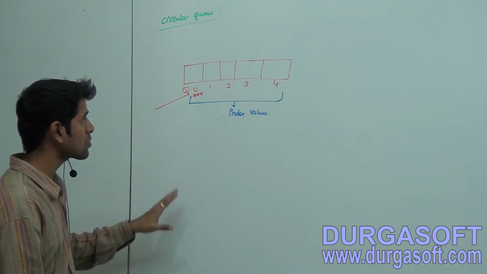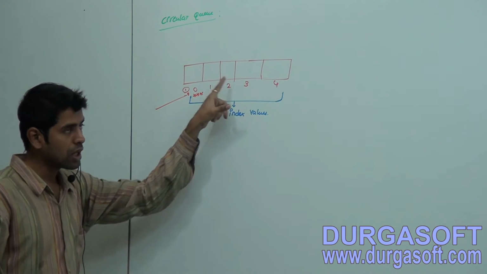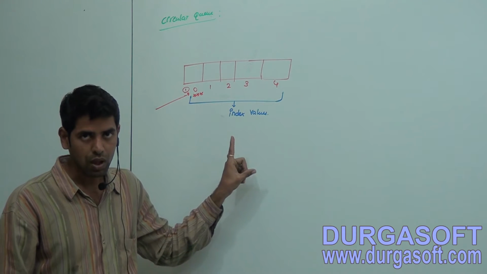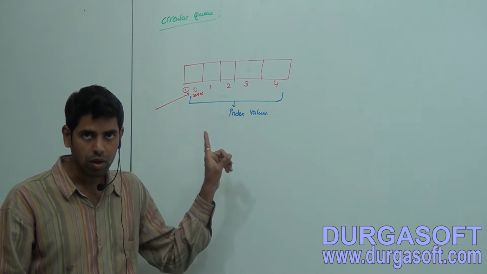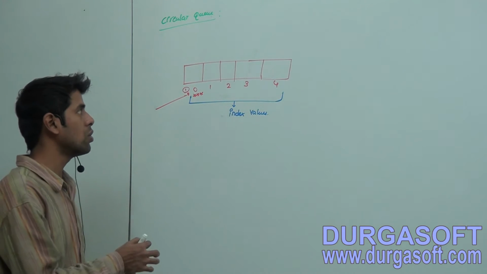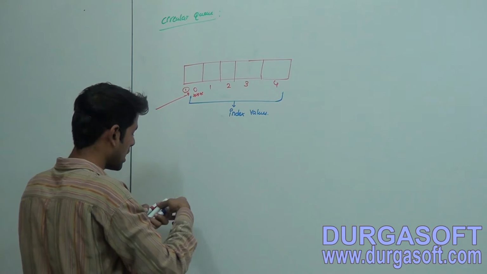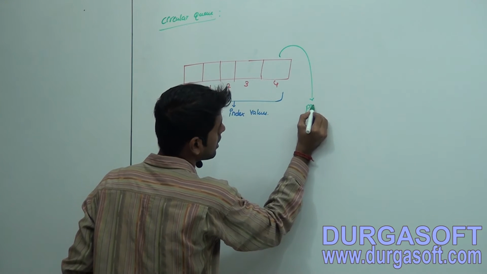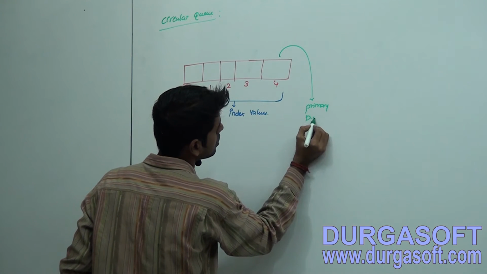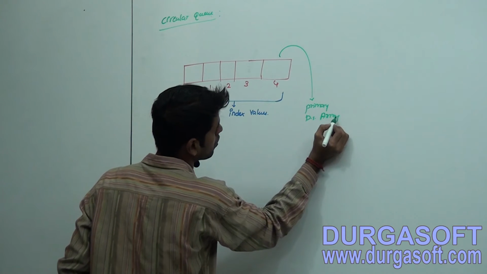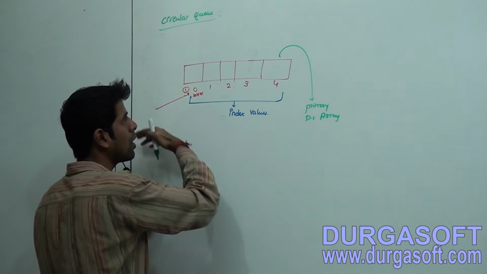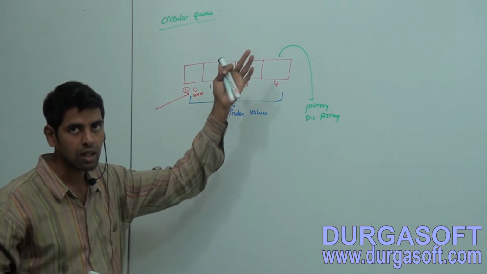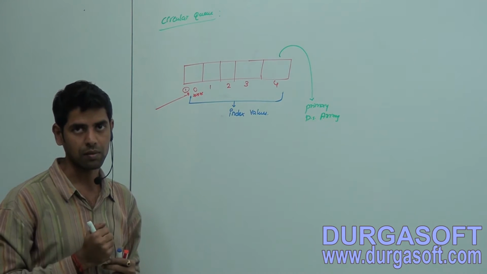By using an array only we are going to achieve this circular queue. Without an array we cannot develop it, so this primary data structure, array, is going to be used by us. Now I am going to apply some rules so that we achieve the circular queue data structure.